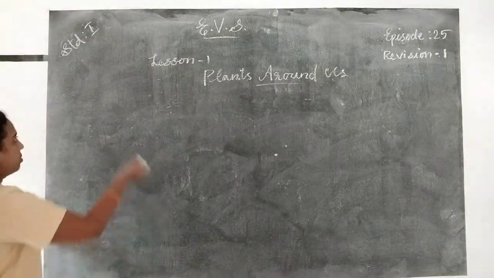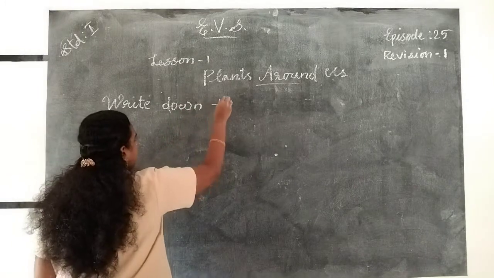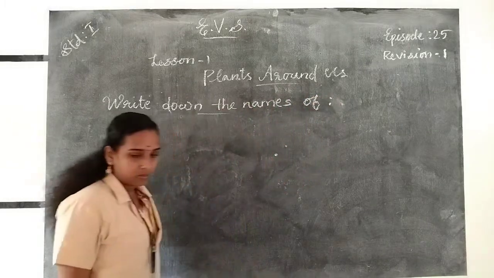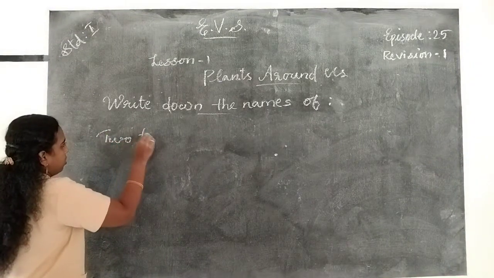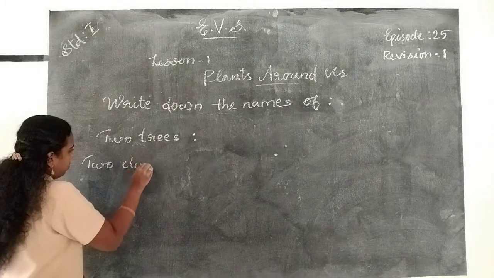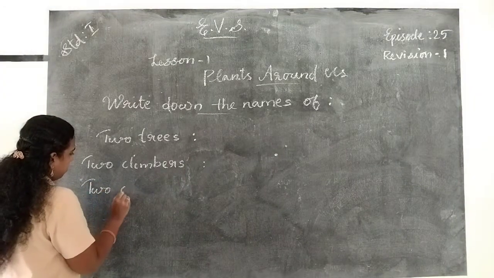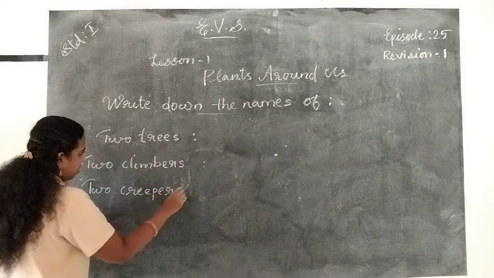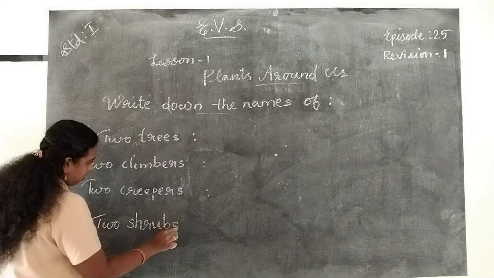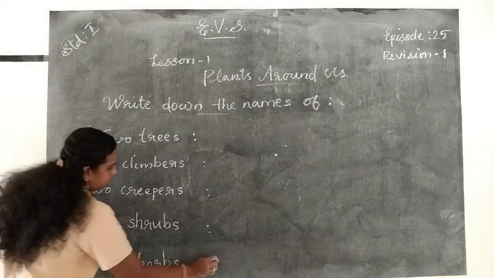Then write down the names of two trees, two climbers, two creepers, two shrubs, and two herbs.